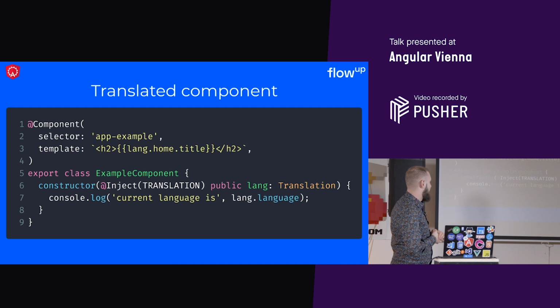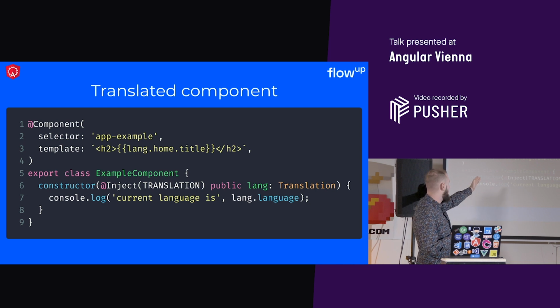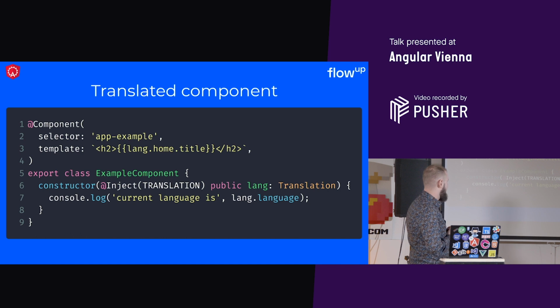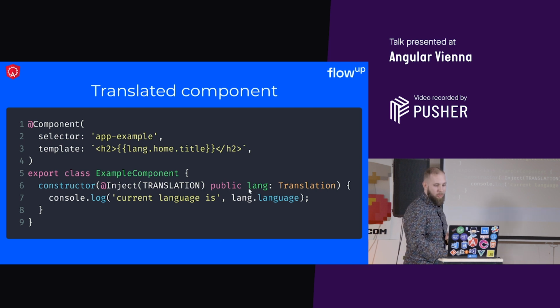What's next? There is a component, probably more readable, but I will still say it. Template, pretty easy. You'll just have an interpolation and access some object, and that object you can see in the constructor. You will just inject a translation. You will call it lang, for example, whatever. You will have a typing for it.